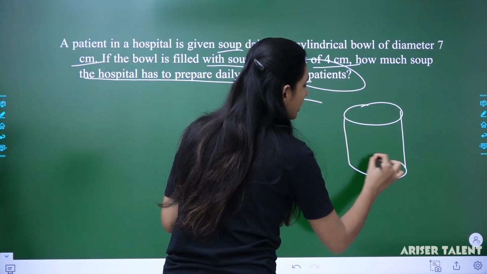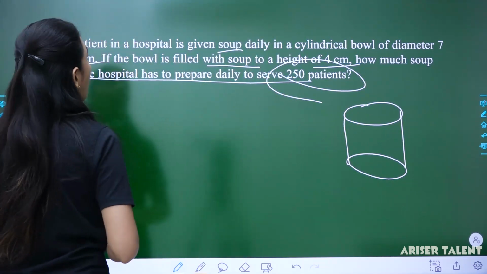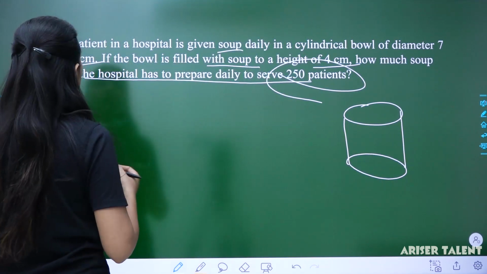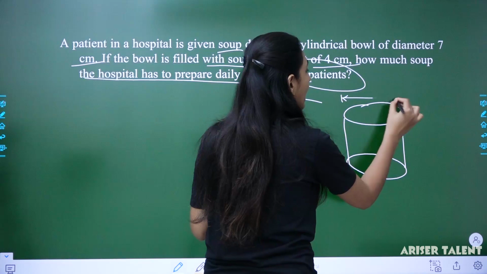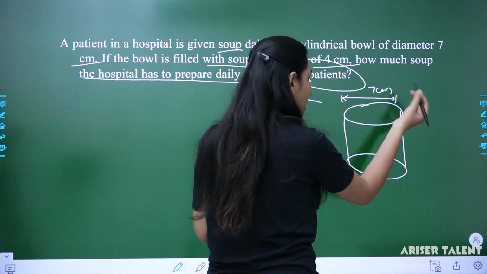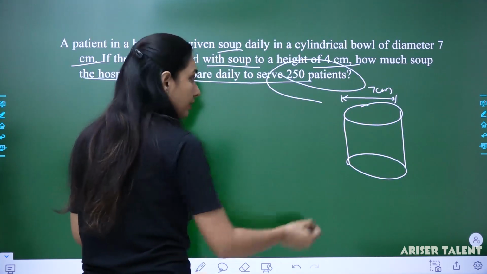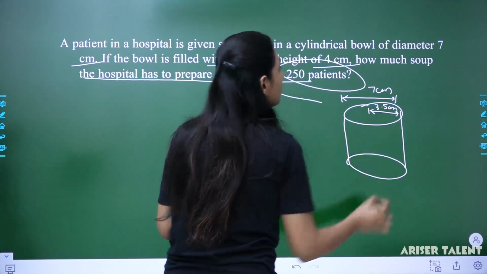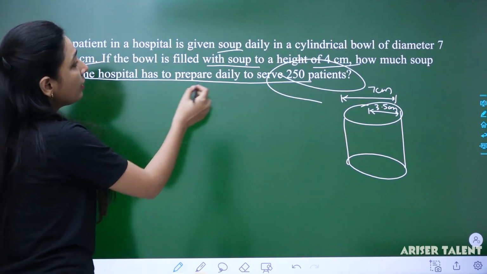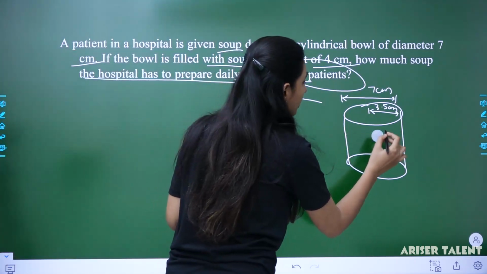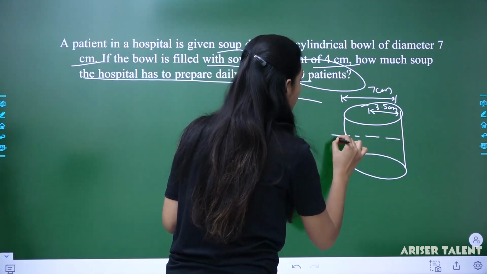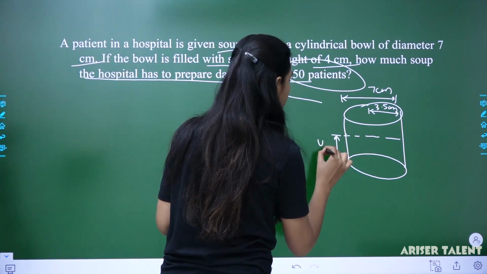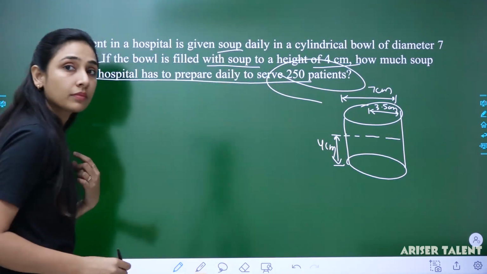It's a cylindrical bowl of diameter 7 centimeters. So if the diameter is 7 centimeters, simply I can say that the radius will be 3.5 centimeters. And it is filled with soup to a height of 4 centimeters.